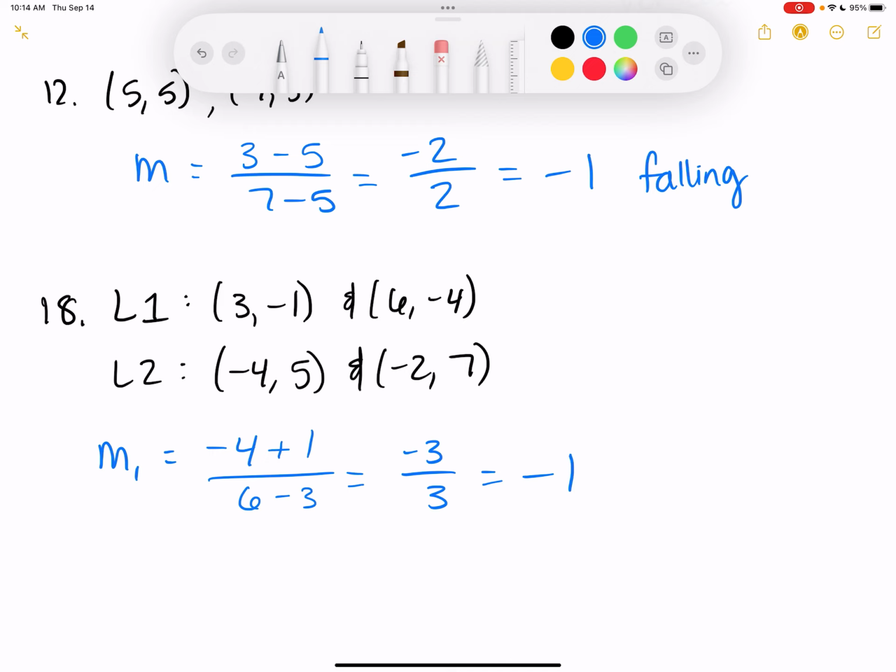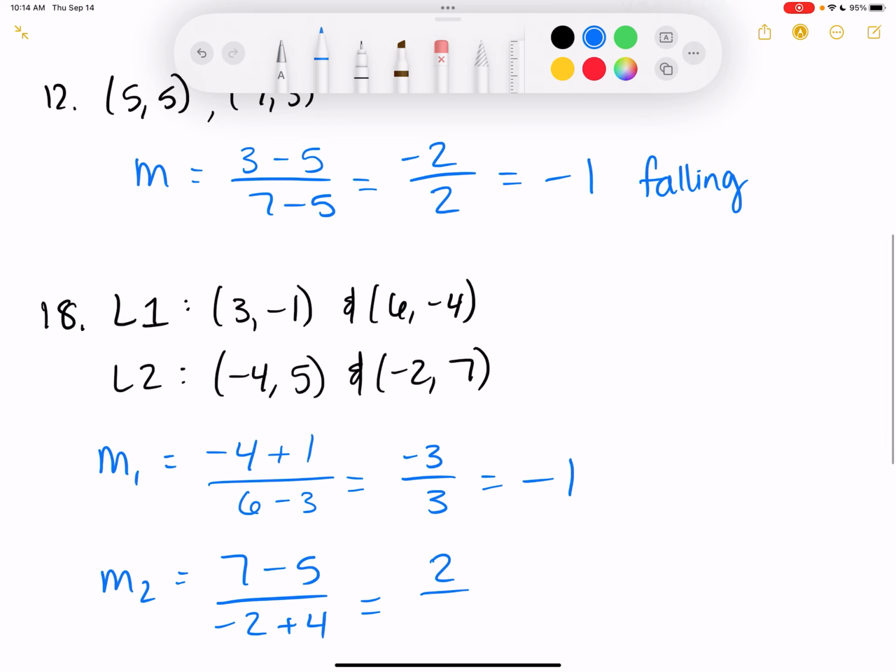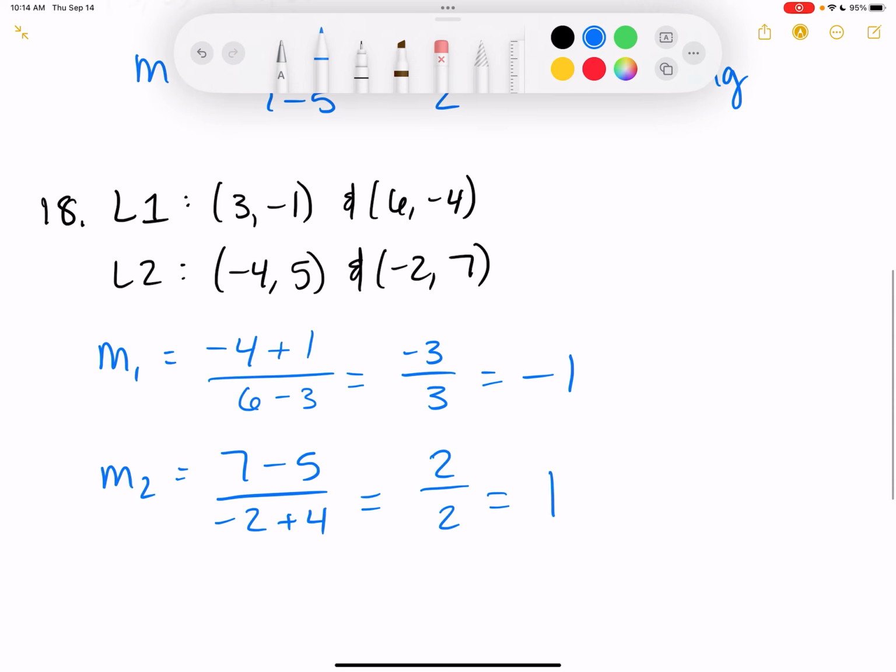Then on the other one, I've got 7 minus 5 over negative 2 minus the negative, so plus 4, which is 2 over 2, which is 1. So what are these? Perpendicular. Oh, my bad. Perpendicular.